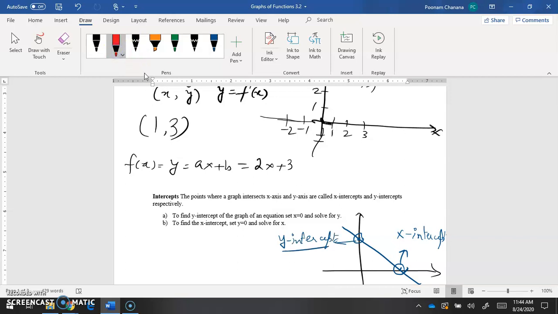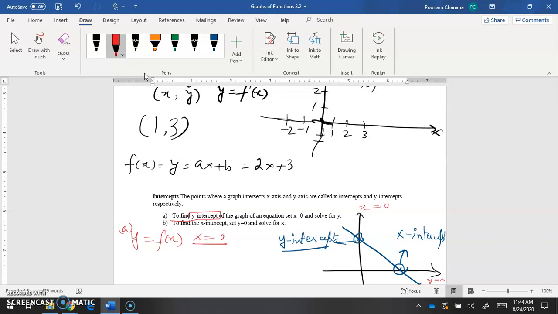Now you see, what is equation of y-axis? Do we know the equation of y-axis? Equation of y-axis is x is equal to 0. And equation of x-axis is y is equal to 0. We need to learn how to find the intercepts. To find y-intercept first, in the given function, you put x equal to 0. Why?